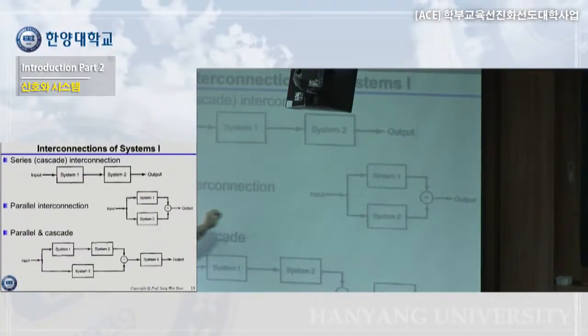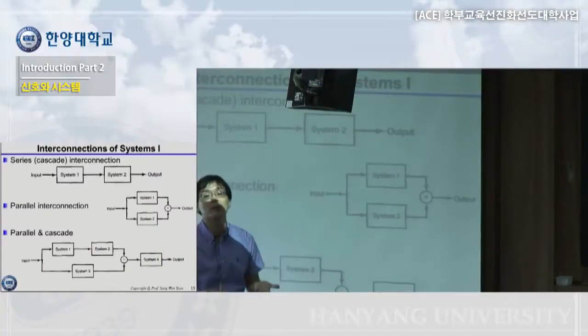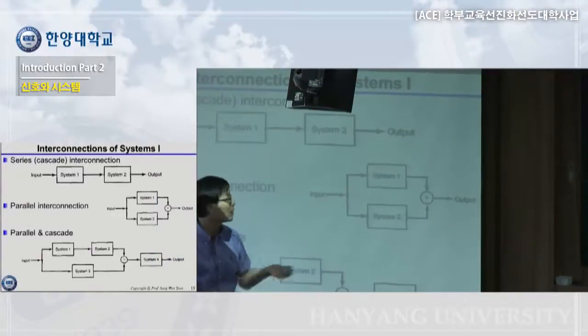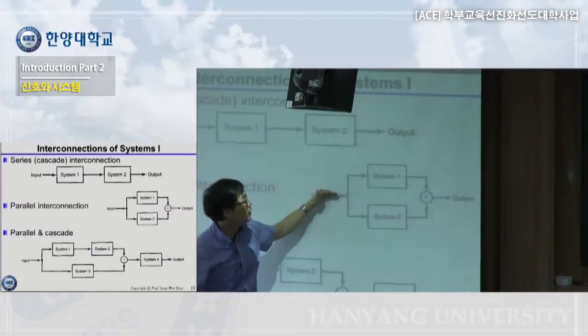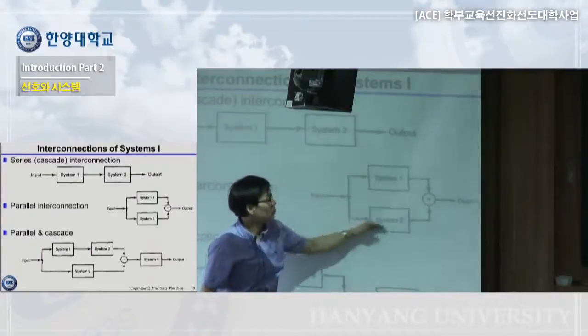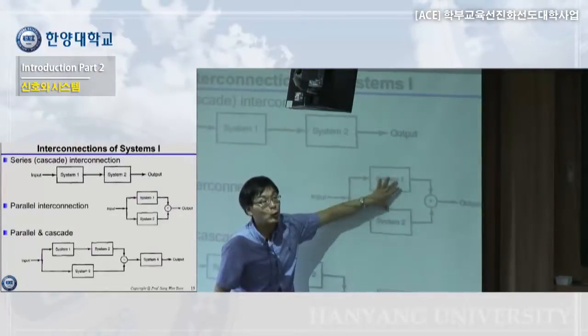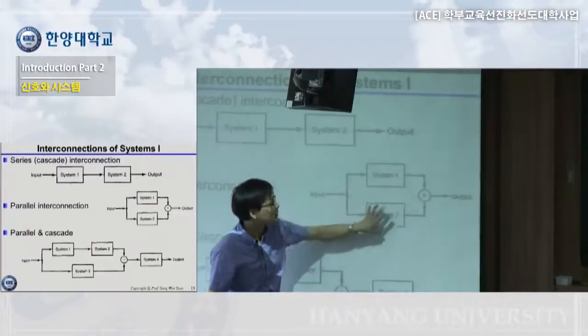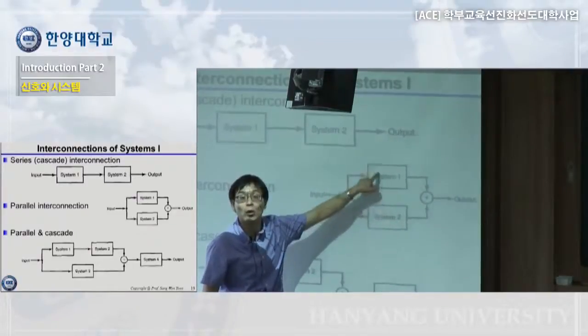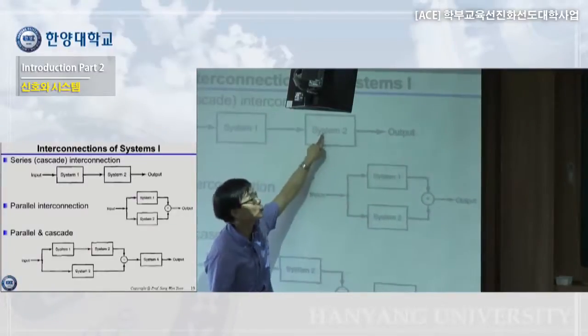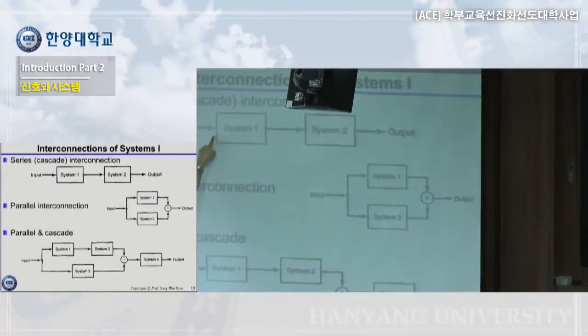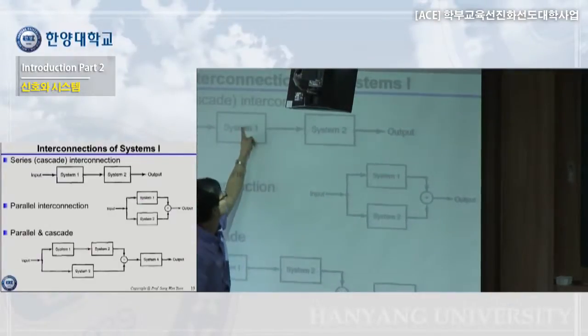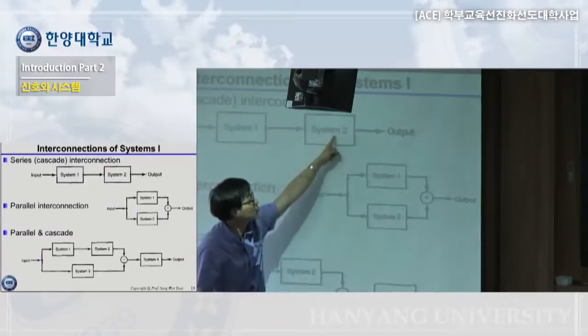Parallel system is a little bit different. In a parallel system, we can process them together at the same time. So when there is input, we have system 1, system 2, and they go in parallel. System 2 doesn't have to wait for system 1. In the series case, system 2 should wait for system 1, right? Because the output of system 1 becomes the input of system 2.